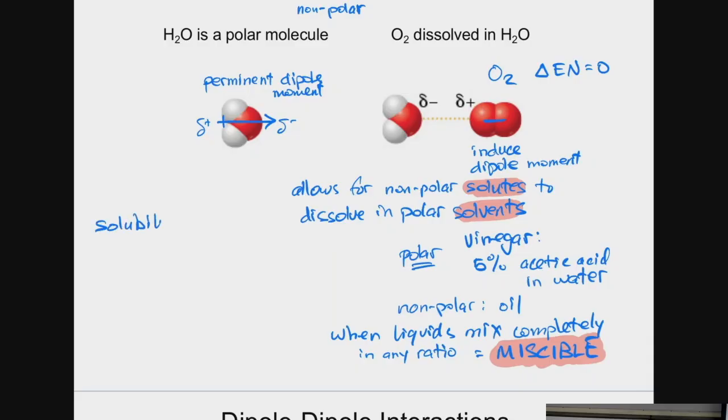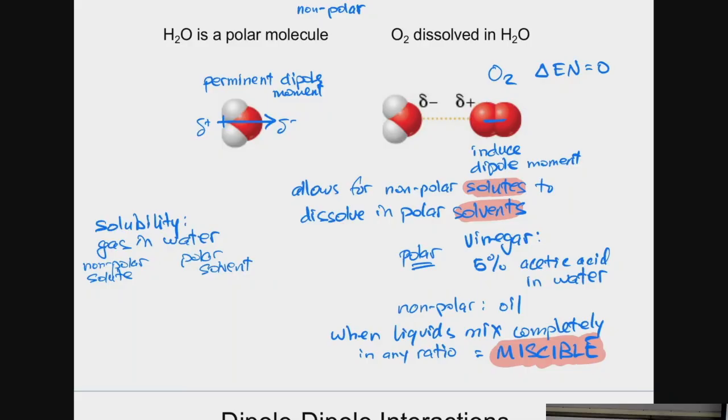This is now where we have a gas in water. It's still a solute and a solvent, but in this case, the gas is a non-polar solute dissolving in a polar solvent. So whereas in miscibility, they mix 100% regardless of the ratio, with solubility, there is a point at which you saturate the solution.